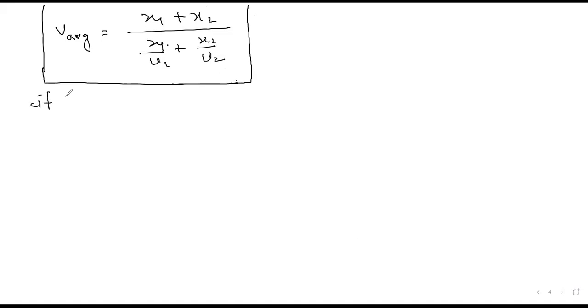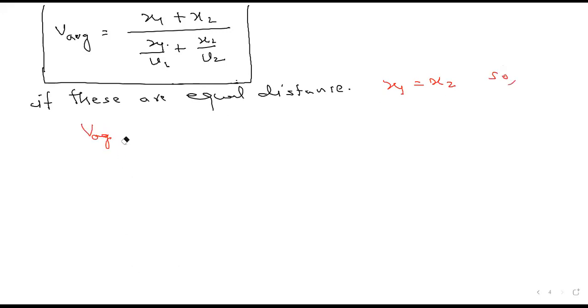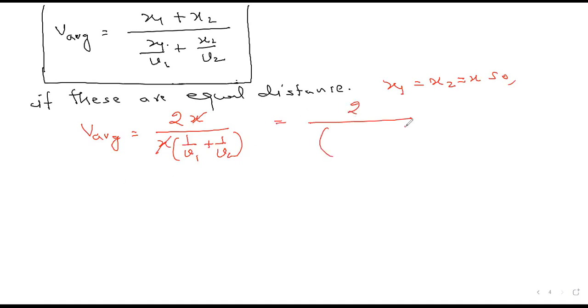If these are equal distances, meaning x1 equals x2, so v average will be 2x upon, take x common from here, 1 upon v1 plus 1 upon v2. When you simplify this, take the LCM v1 v2, so this is v2 plus v1.